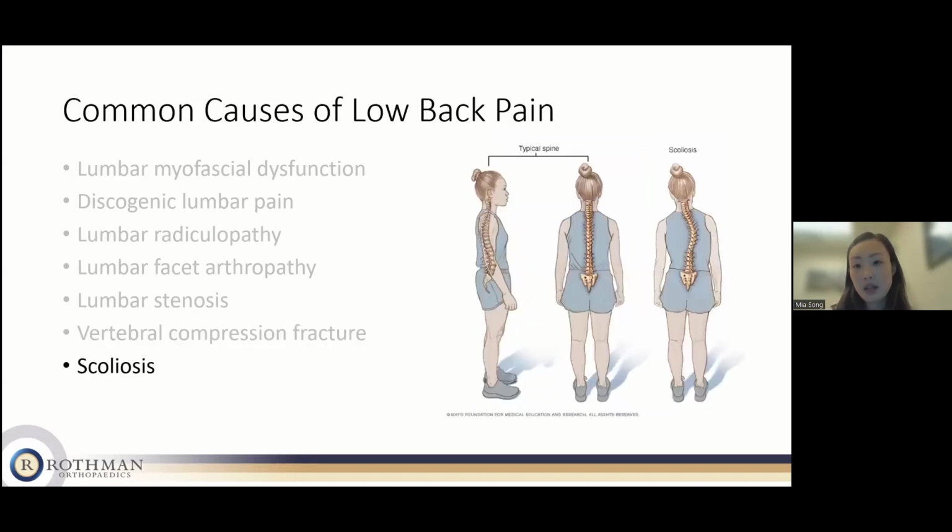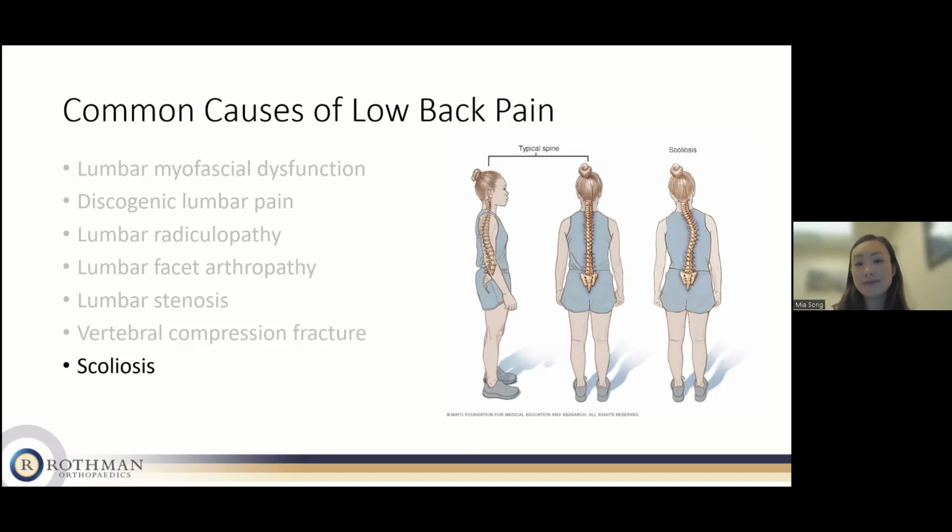And then lastly, I briefly mention scoliosis because this is something I do see. Scoliosis refers to a curvature of the spine. There is normal curvature of the spine, and scoliosis refers to the abnormal curvature that we don't normally see. There are a lot of different types and causes of scoliosis. Pictured here is an adolescent, and a lot of times I'll see idiopathic juvenile scoliosis, meaning scoliosis that develops in children or adolescents as they're growing.